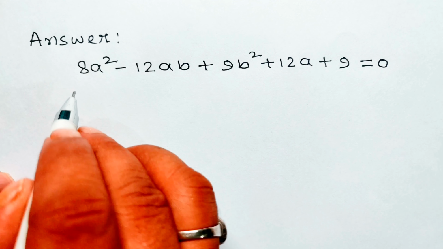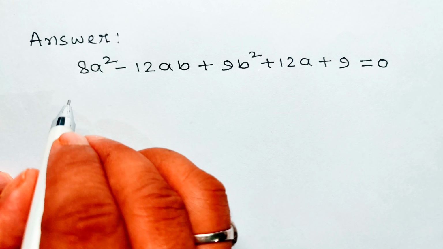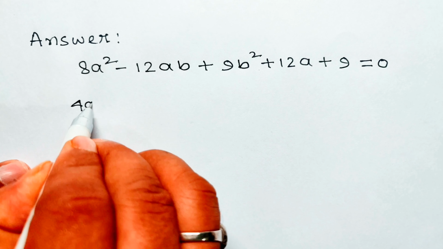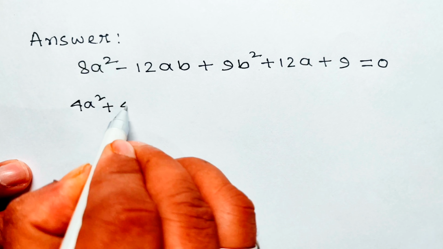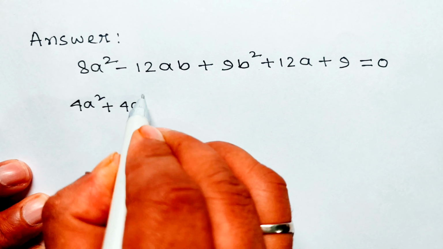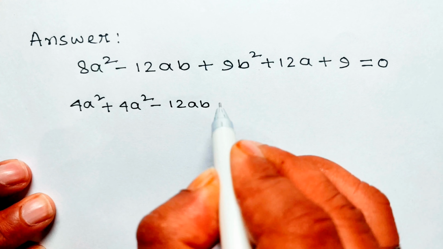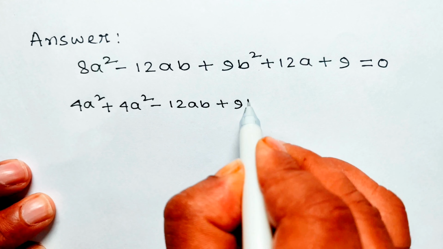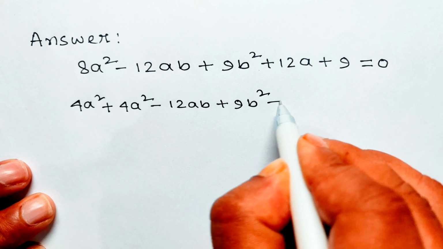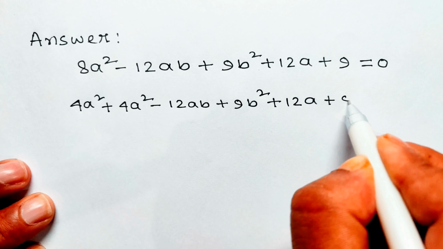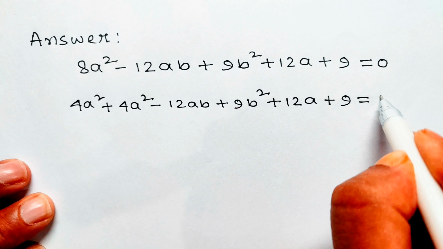8a² equals 4a² + 4a². Then we get 4a² + 4a² − 12ab + 9b² + 12a + 9 = 0.